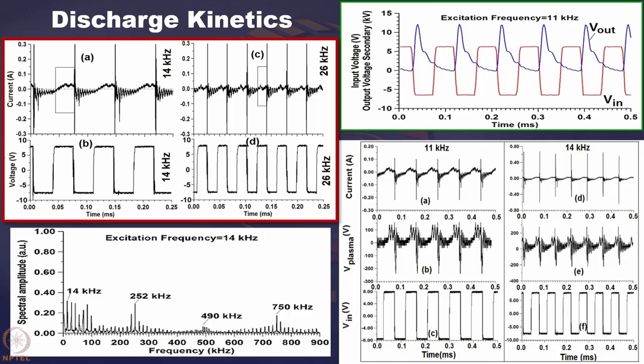nature. Okay. So although you are basically exciting the plasma using some external pulses of certain specific frequency, at the end the oscillation that you are getting in your plasma kinetics is at a much higher frequency. So this is very interesting.